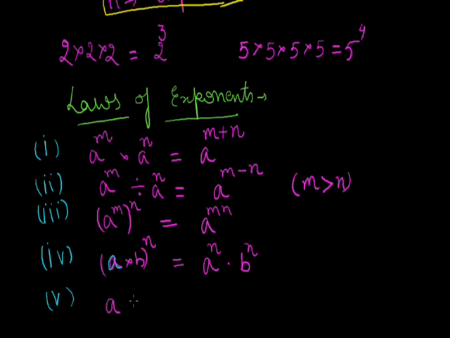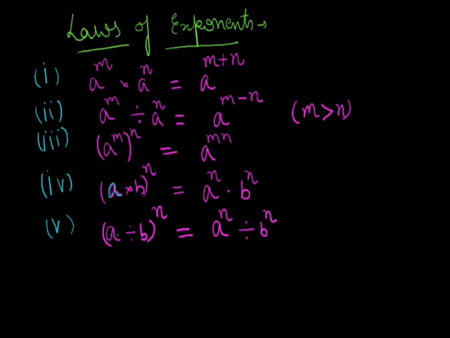And the same case is true with division also. If a is divided by b and they are having a common exponent n, the exponent is given to both the terms and the result is a raised to n divided by b raised to n. All these 5 laws are very important.